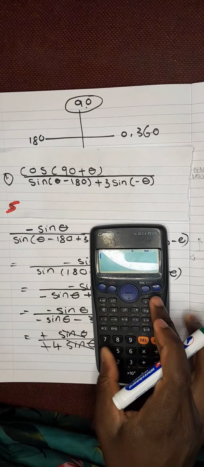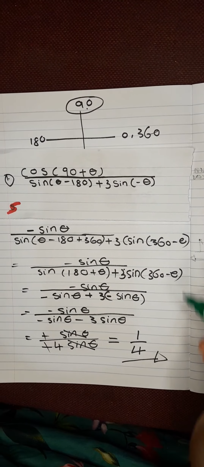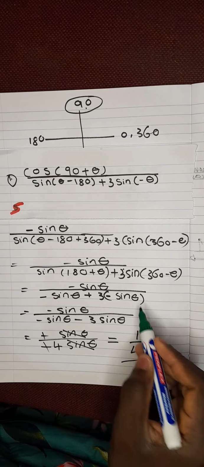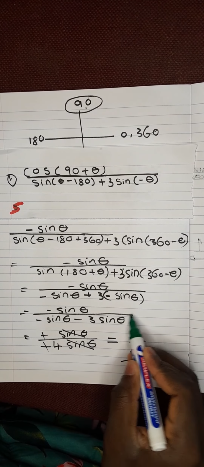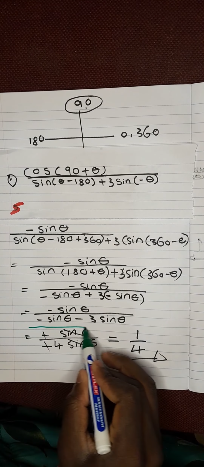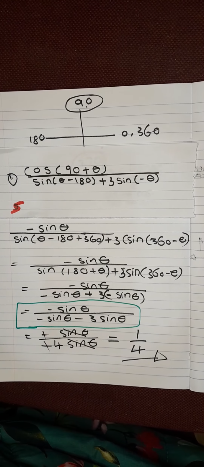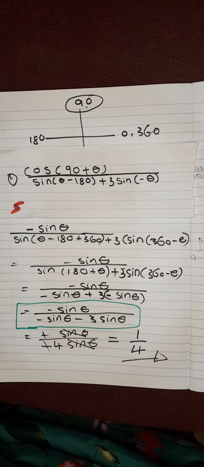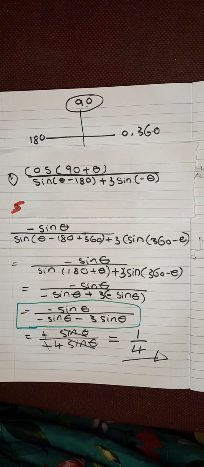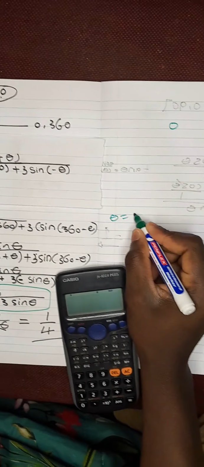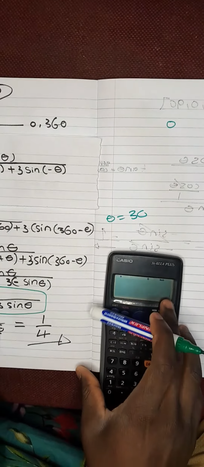Let me show you using a calculator. I'm going to move from here to here with my calculator. Let us talk. I said let theta be equal to 30 degrees. Let us start.